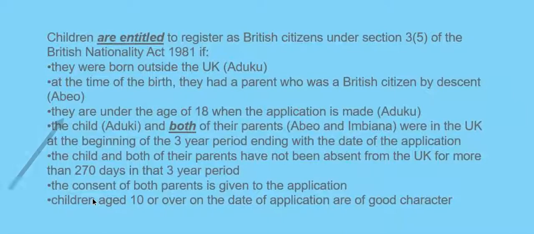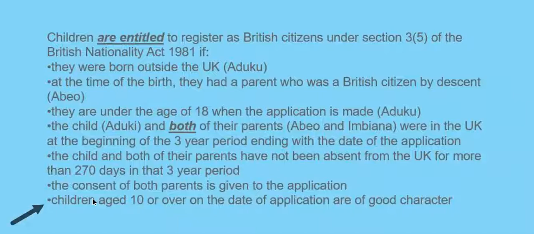They're under the age of 18 when the application is made, which Aduko is, and Aduko and both of her parents, and we know that Obia is married to Imbiana, were in the UK at the beginning of the 3-year period ending with the date of the application. So the entire family will need to be in the UK when the child applies, and the child was not absent from the UK for more than 270 days in the last 3 years before making the application.